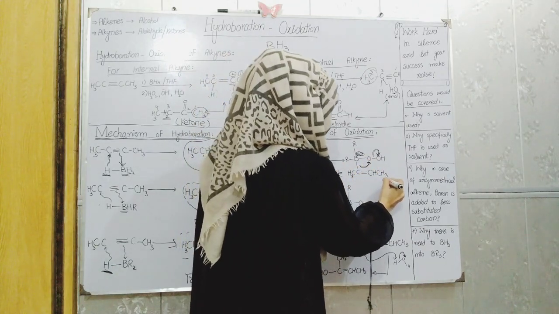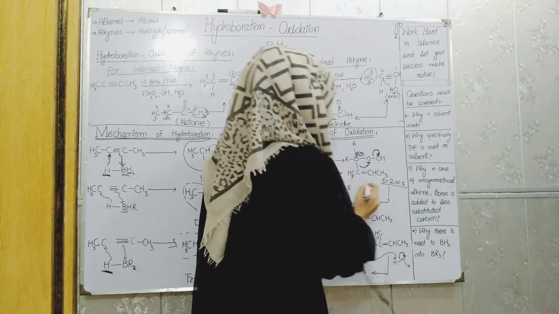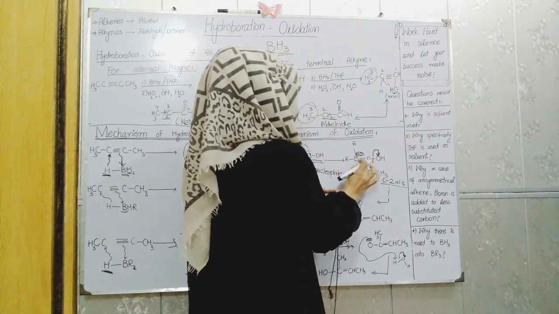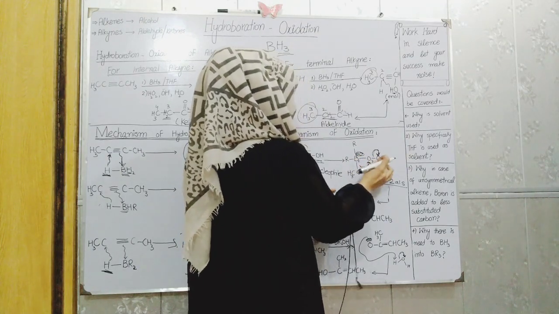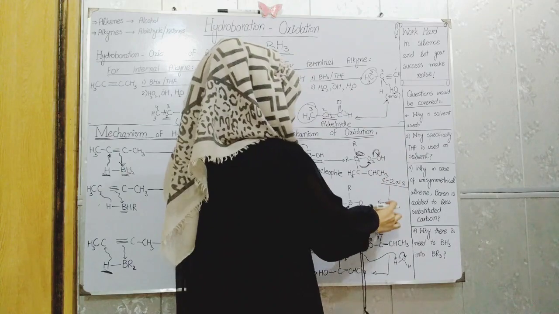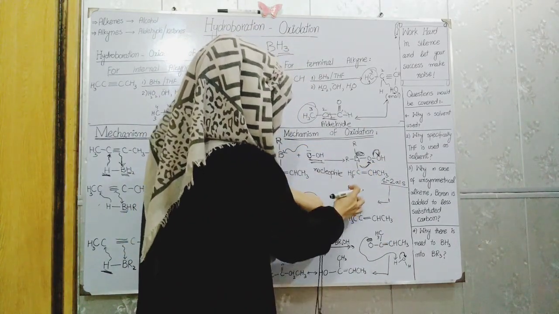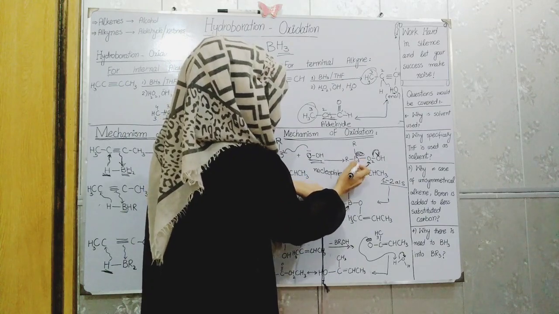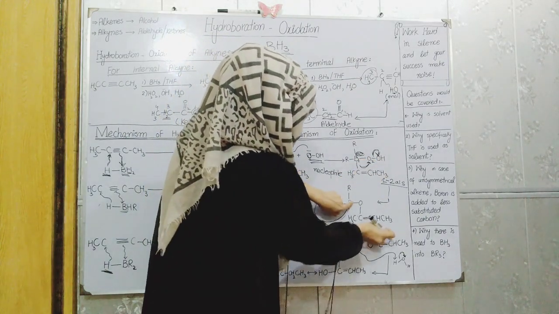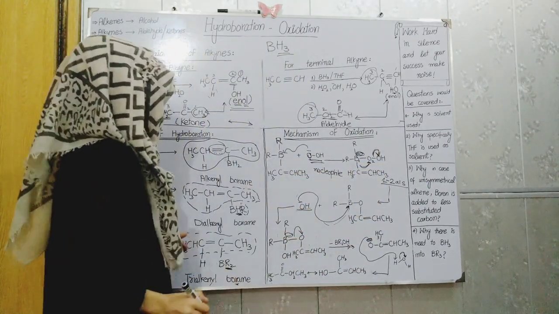This is also called a 1,2 alkenyl shift, and simultaneously this hydroxide leaves as a leaving group. Now again boron, this R, and this group move to that oxygen and that alkenyl group, and hydroxide is the leaving group, written as such here.